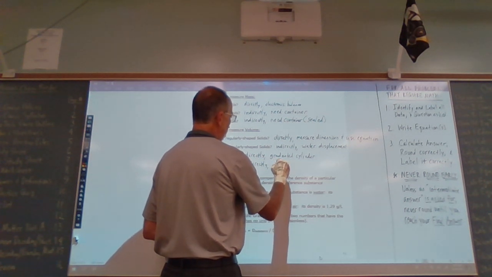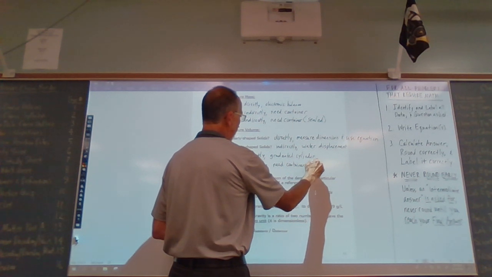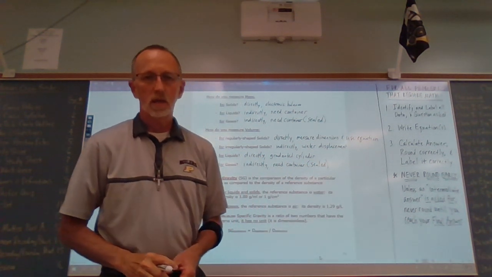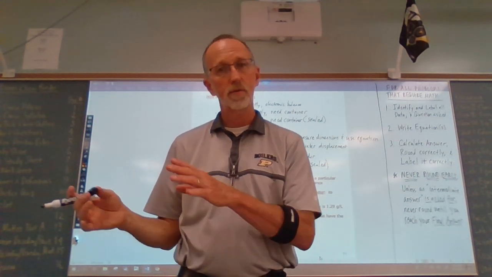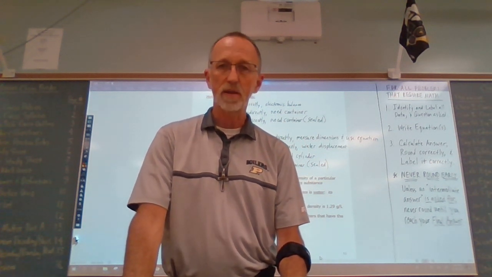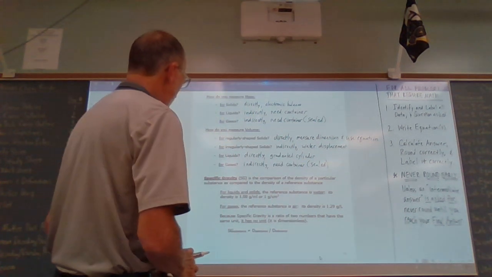You need a container. Again, that container must be sealed. And then if you know the volume of that container, if you're able to measure it directly or indirectly, whichever, then you can get the volume of the gas because it'll be the same.